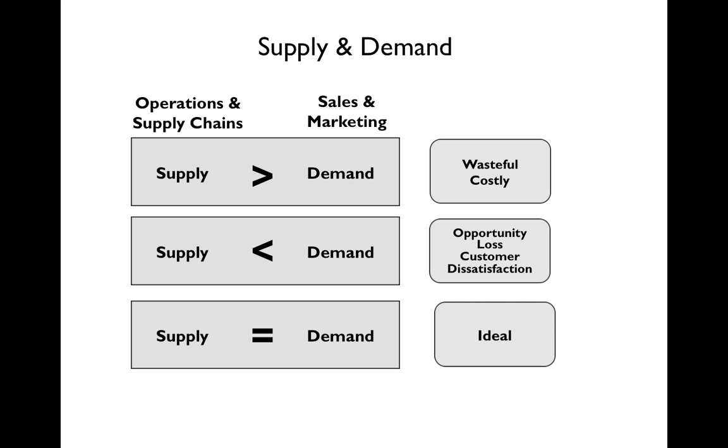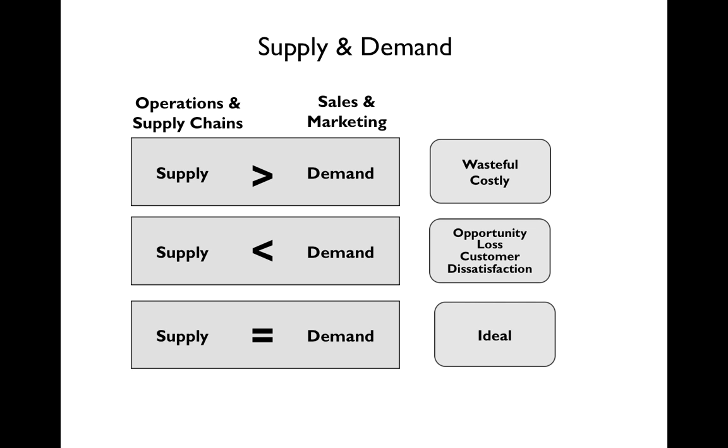So the operations and supply chain are responsible for meeting the supply. Sales and marketing is responsible for identifying demand, creating demand. So if you have way more supply than you have demand, that's wasteful and costly.